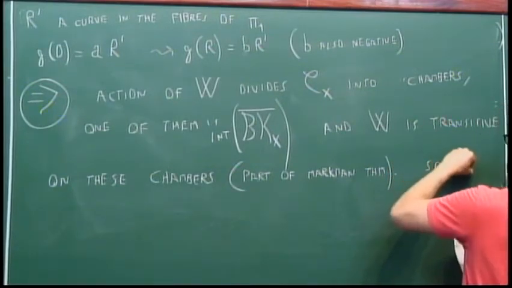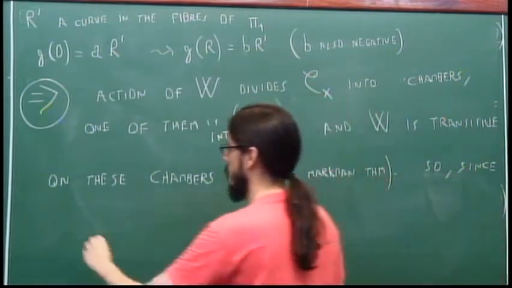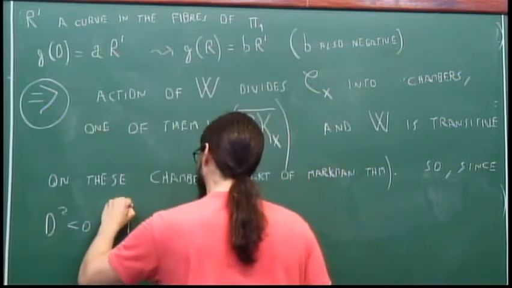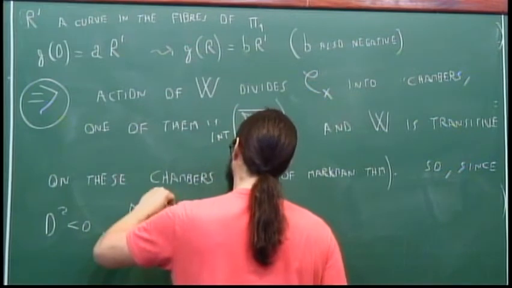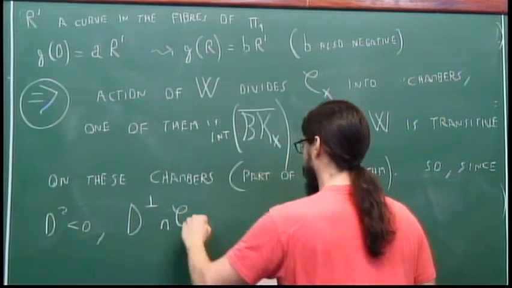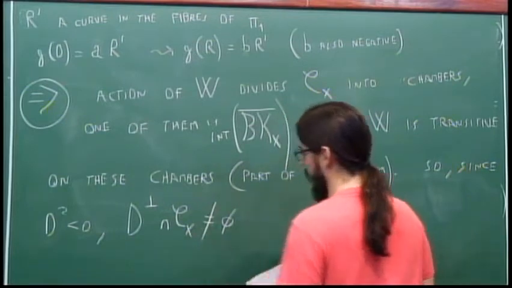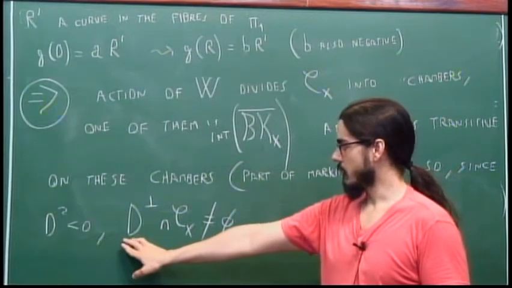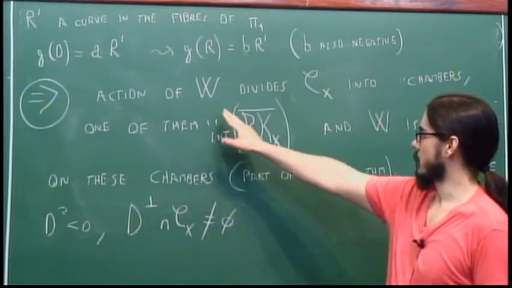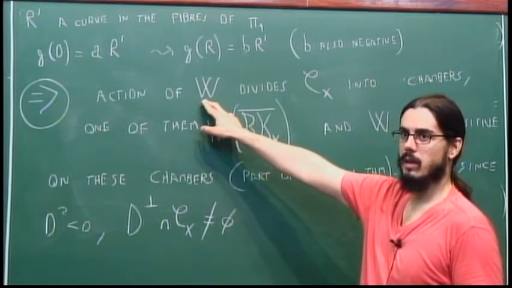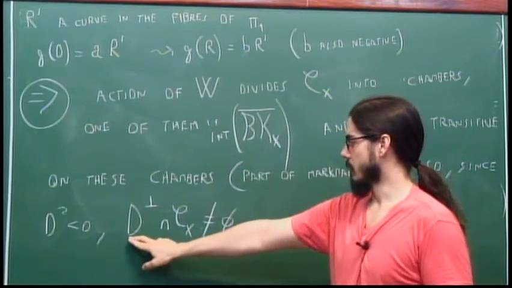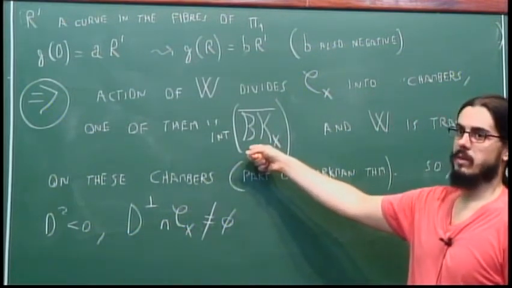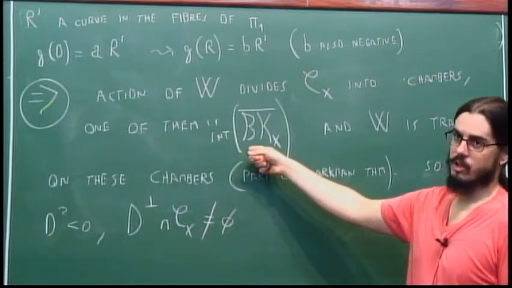So since D square is negative, we have that the orthogonal intersected with the positive cone is non-empty. And now we take this D, and since the action of this Weil group is transitive on this chamber, we can move it around with the Weil group in such a way that this orthogonal will intersect this chamber. Well, the closure of this chamber.